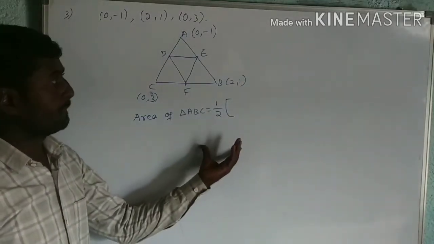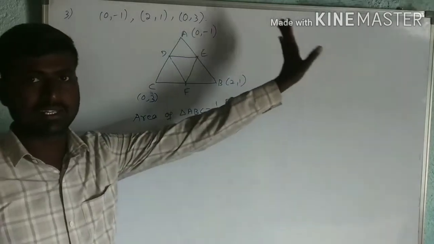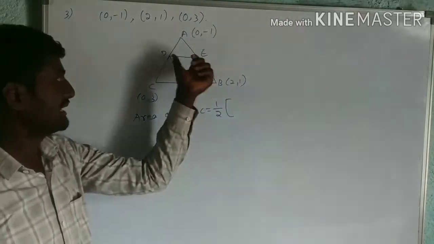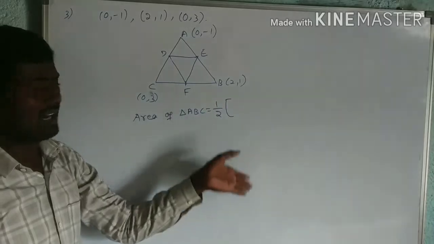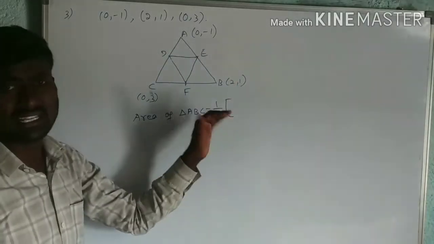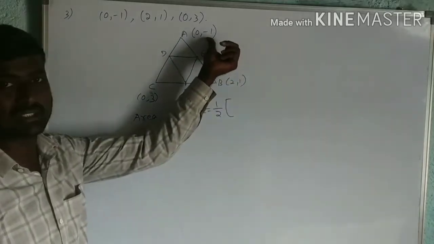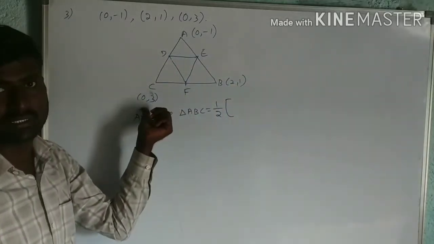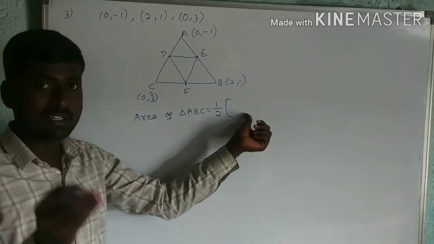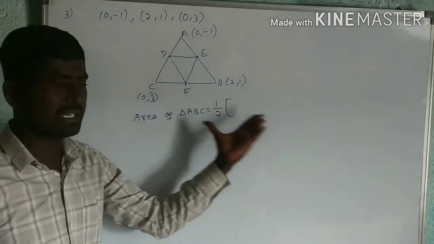So here already in the same problem I had taken x1 y1, x2 y2, x3 y3 as DEF. So now I don't want to take ABC again as x1 y1, x2 y2, x3 y3. You keep in your mind A as x1 y1, B as x2 y2, C as x3 y3, and also the formula you keep in your mind. Then you can substitute directly.